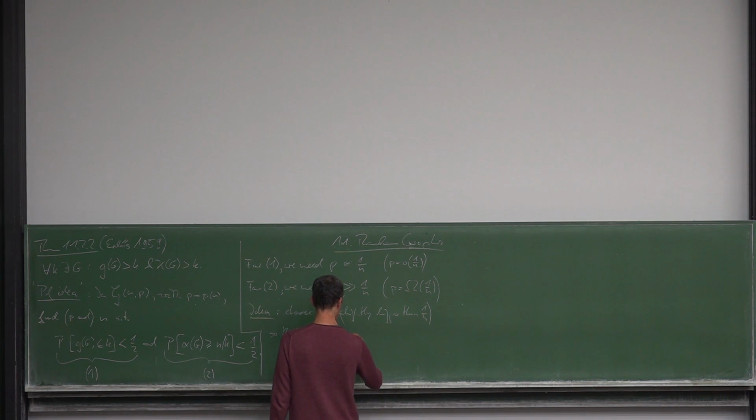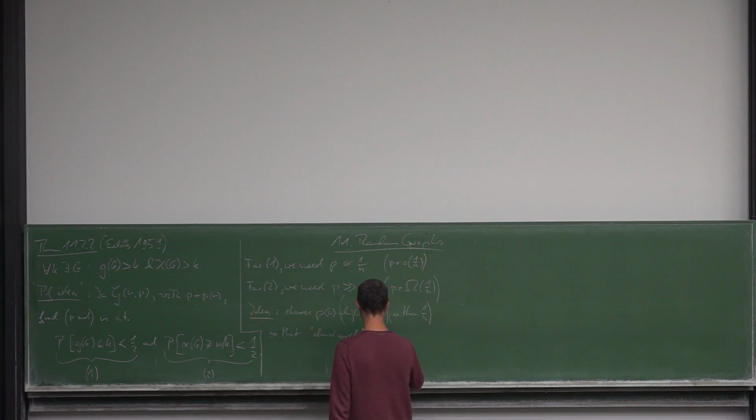Almost surely. That will get a precise meaning later. I don't need it yet. There are at most half n short cycles.